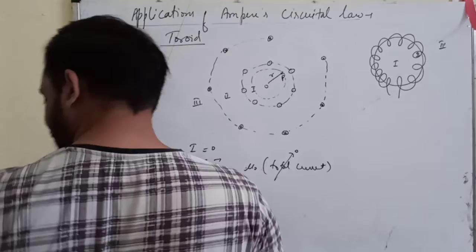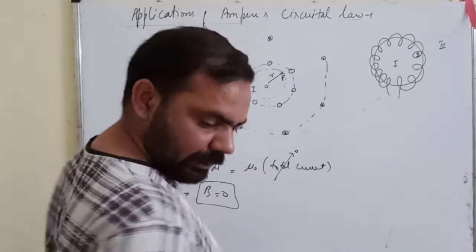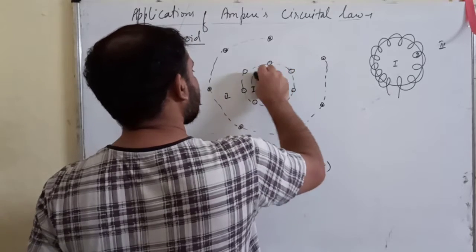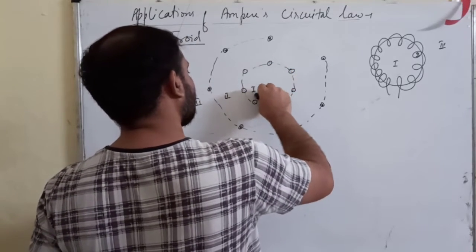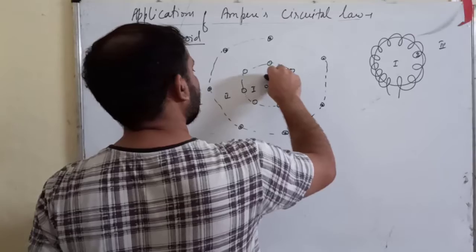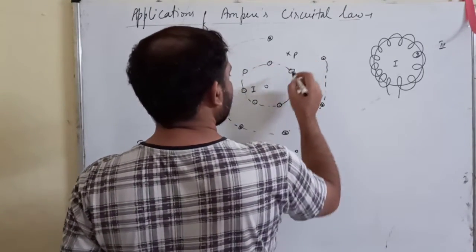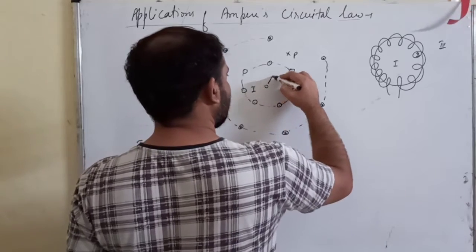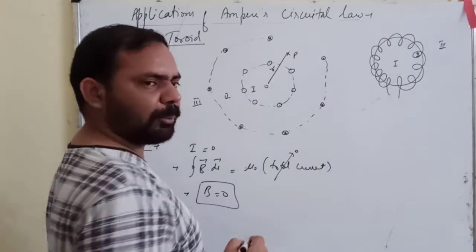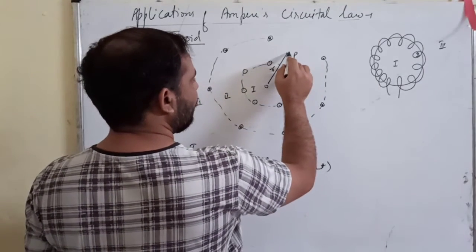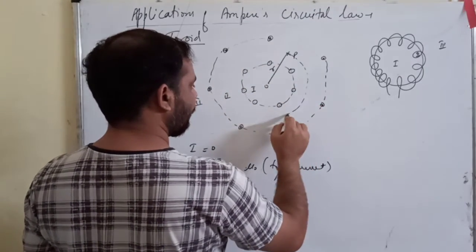Alright, now next is for the points enclosed by the toroid. Suppose I consider this point P here. Let us suppose that r is the distance of the point P from the center of this toroid. So I will draw an imaginary loop here.